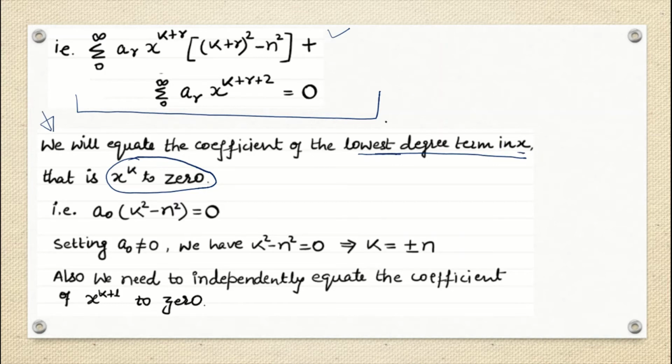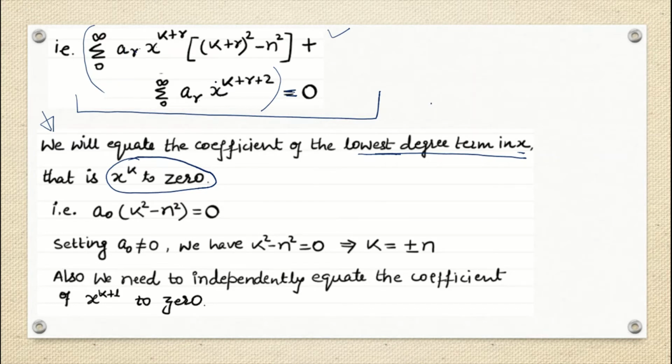Because this is the series solution, the complete left hand side is equal to 0. So our logic is that we are independently equating the first term, second term, third term, fourth term, till the infinite term, to 0.